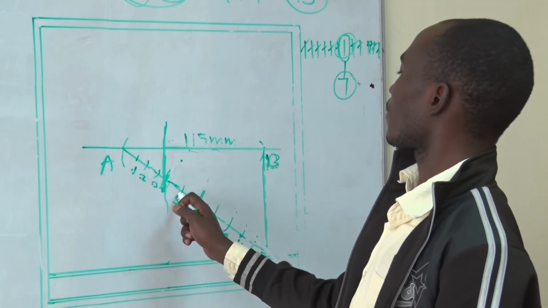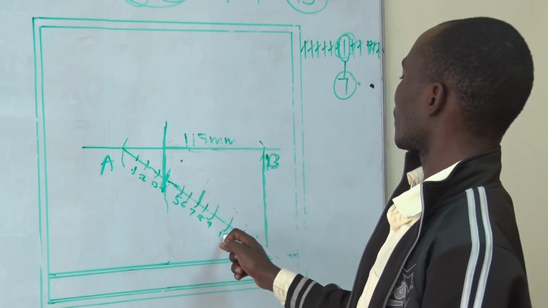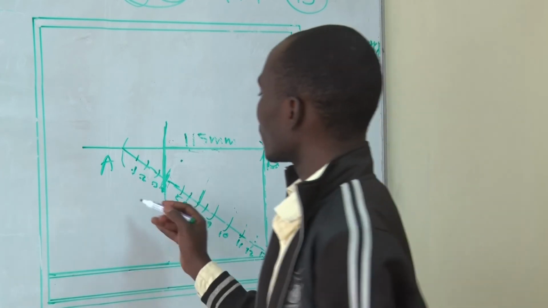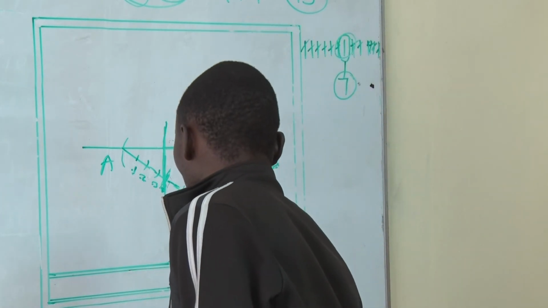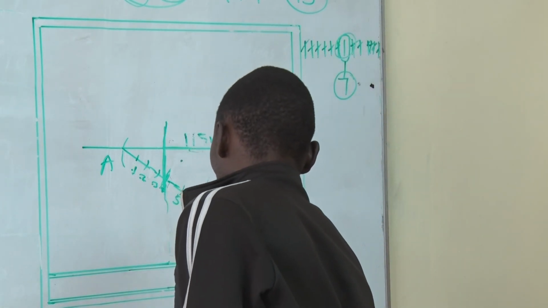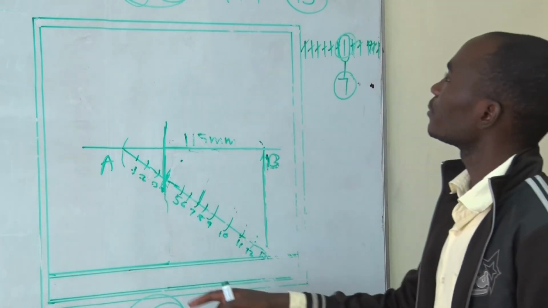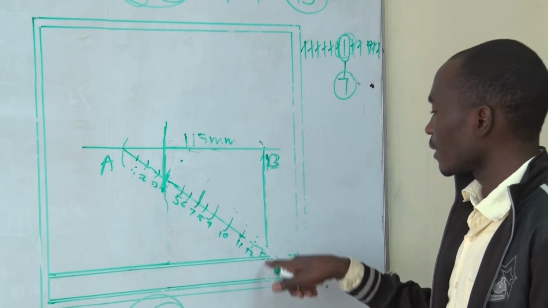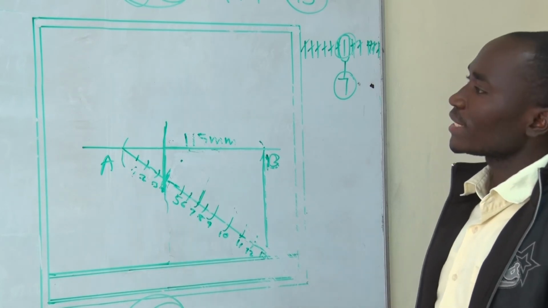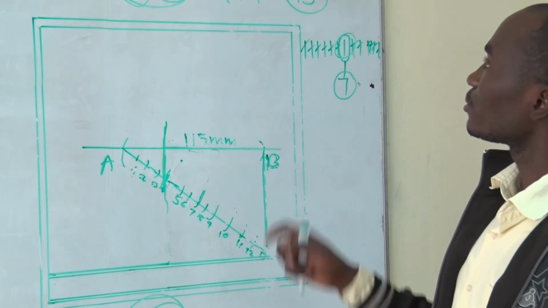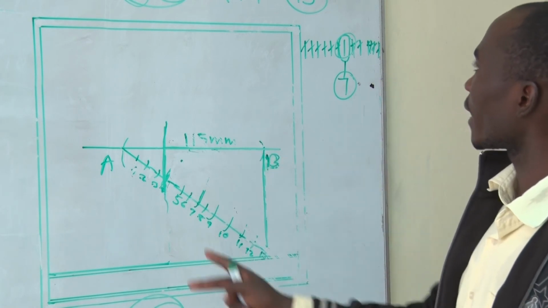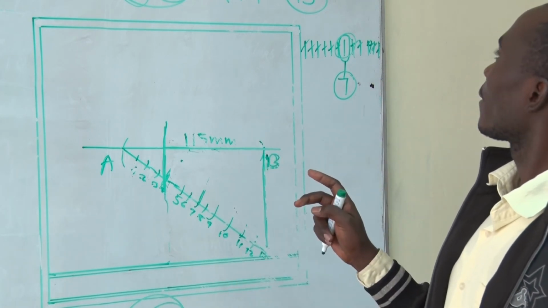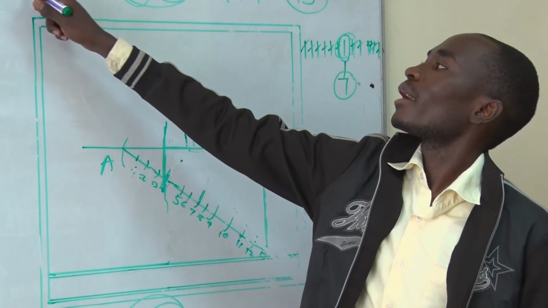So we have 1, 2, 3, 4, 5, 6, 7, 8, 9. So it is in the ratio of 4:9, so that the total should give us 13, which is 1, 2, 3 up to number 13. So that is how you divide a line into 2 parts, having been given a ratio.